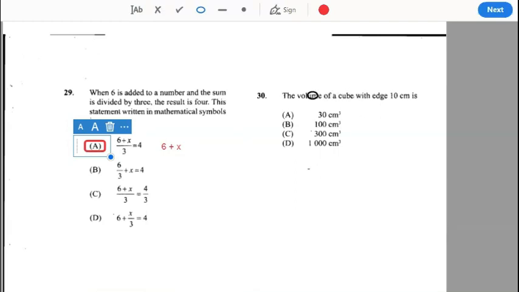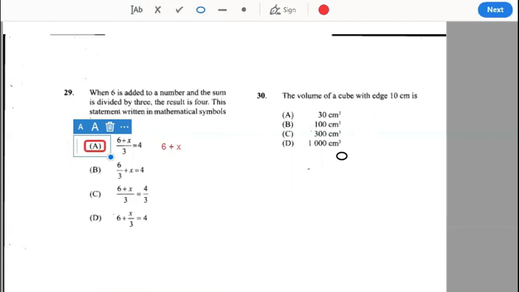So 30 says the volume of a cube with edge 10 is, and if you know volume, the volume of a cube is length times length times length, or side times side times side.